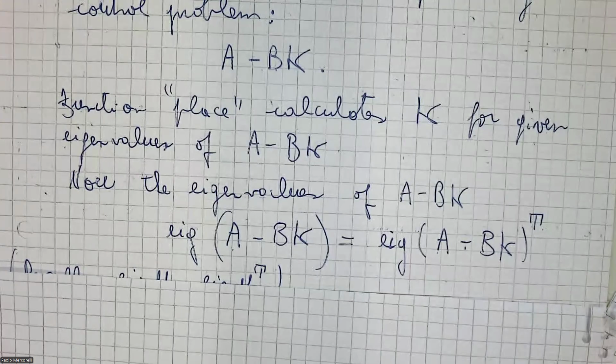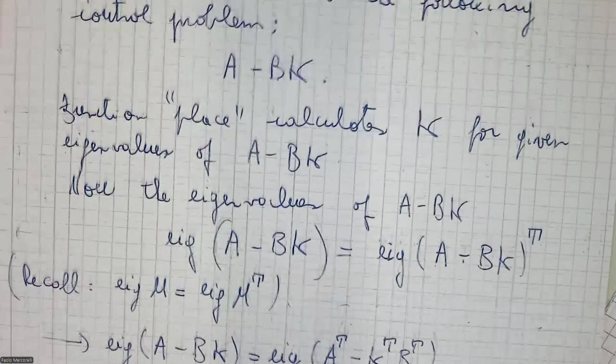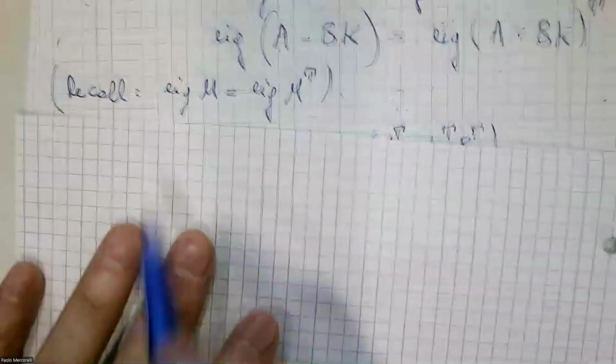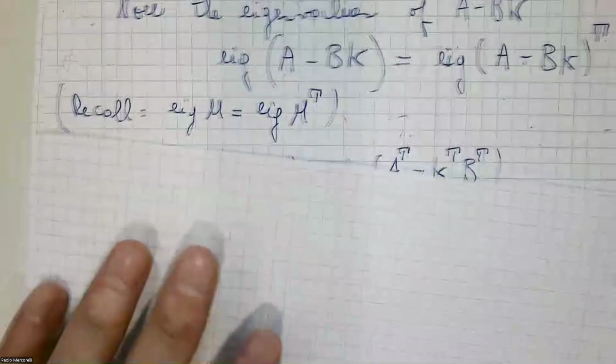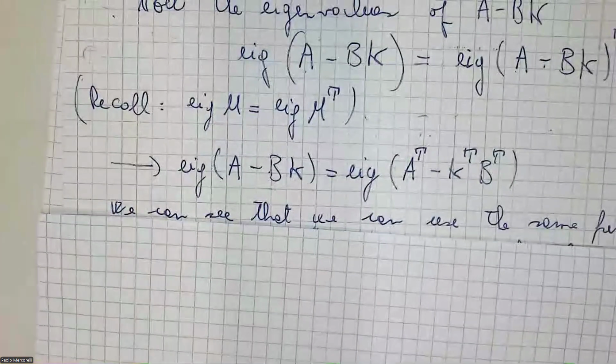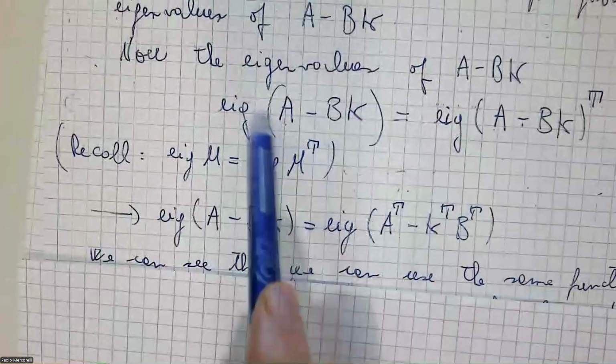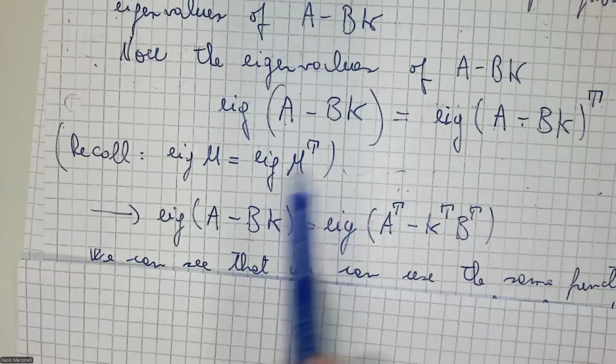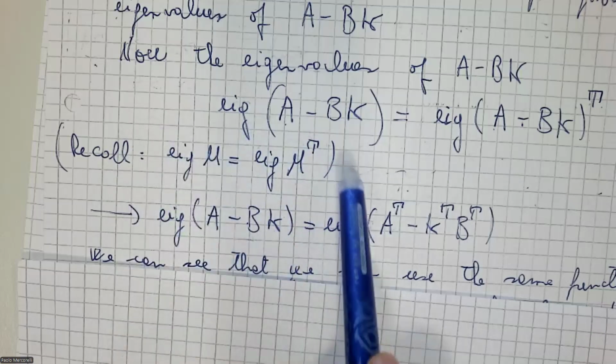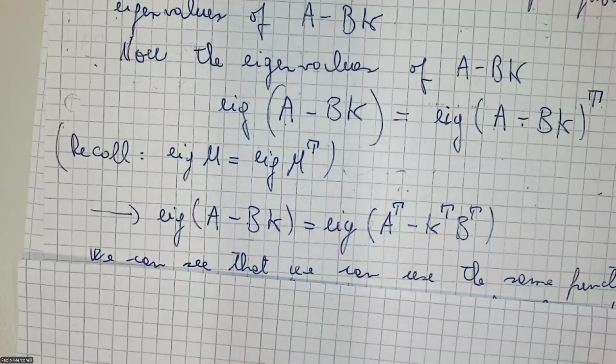Why? Because the eigenvalues of a matrix M are equal to the eigenvalues of the matrix M transposed. Math for engineering. We can see exactly what I told you now. This expression is validated by this theorem: the eigenvalues of a matrix equal the eigenvalues of its transpose.